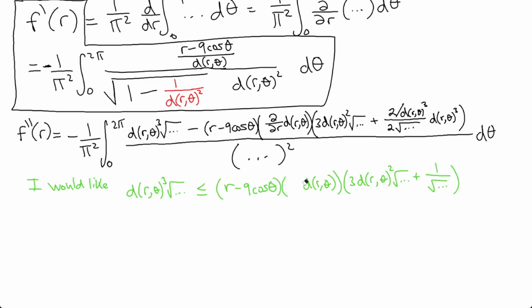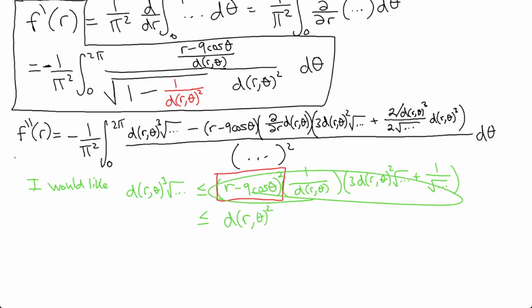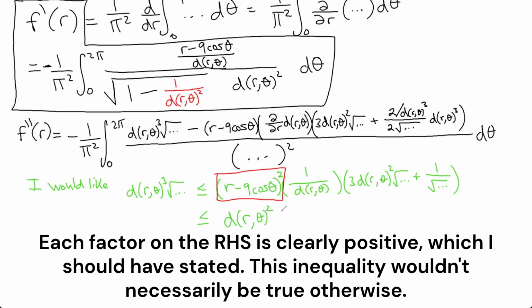I'll once again rewrite this first derivative with respect to r, like so. And remember that we cleverly discovered that this is less than or equal to d squared. So this whole product is less than or equal to the following.